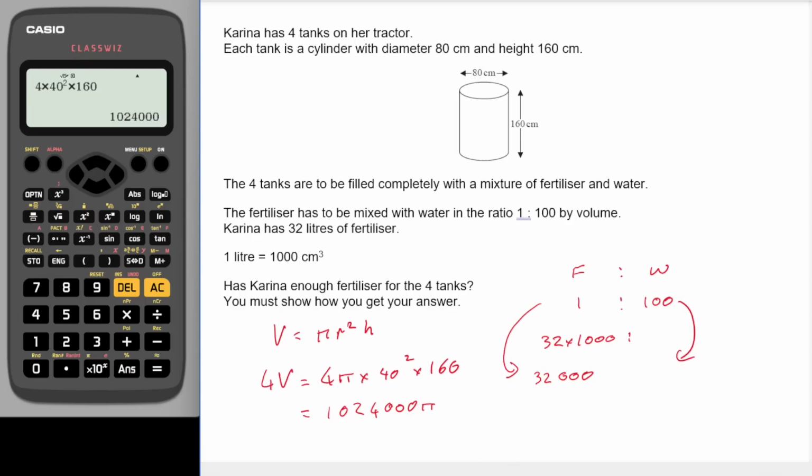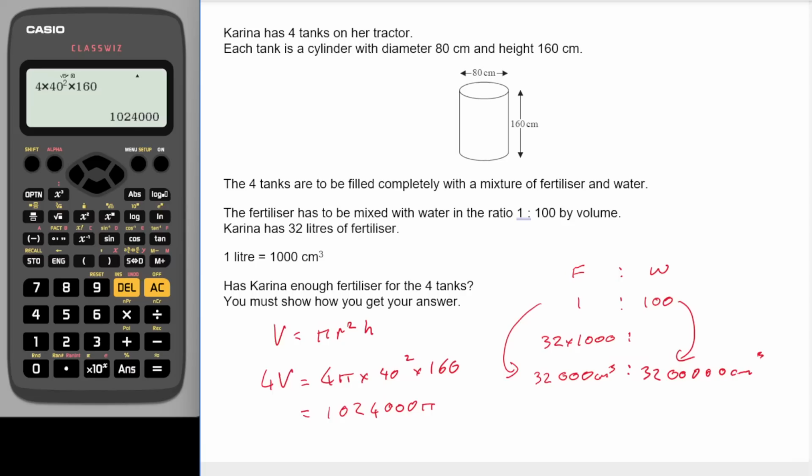So she would need 32,000 centimeters cubed.